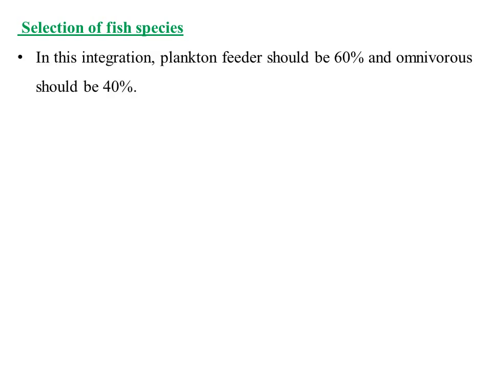And then the selection of species like fishes and ducks is to be considered in this type of integrated farming system. The fishes to be cultured in this duck and fish integrated farming system must be 60% plankton feeders and 40% omnivorous fishes.